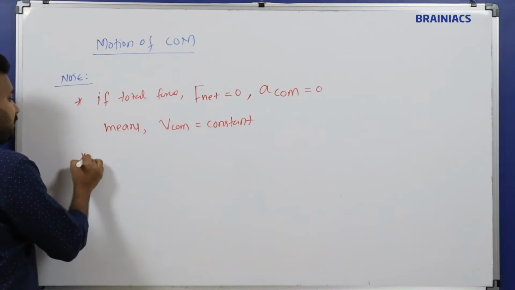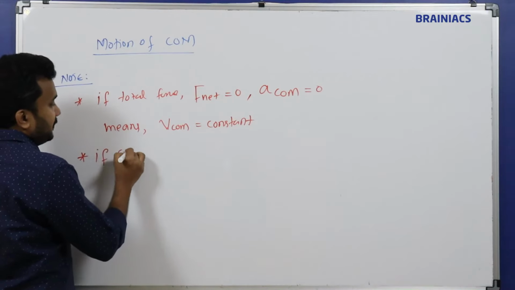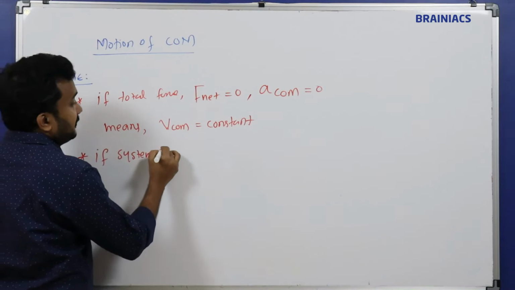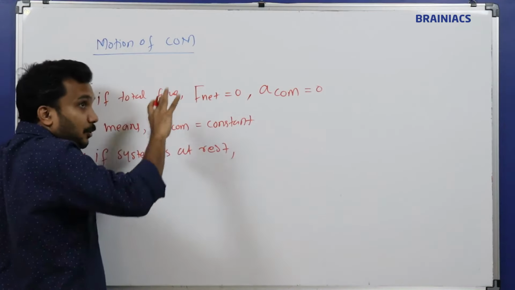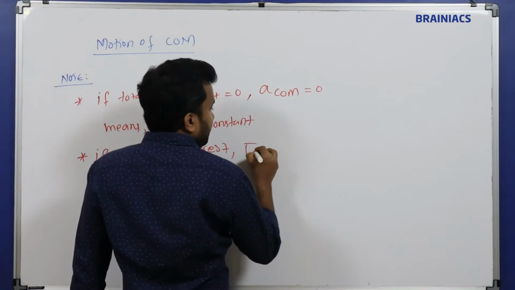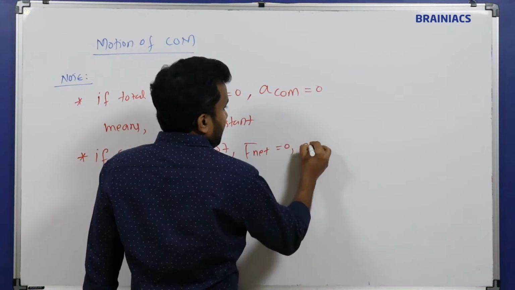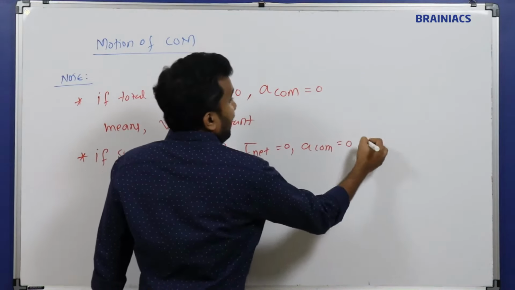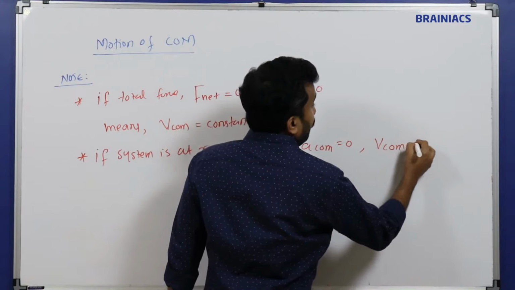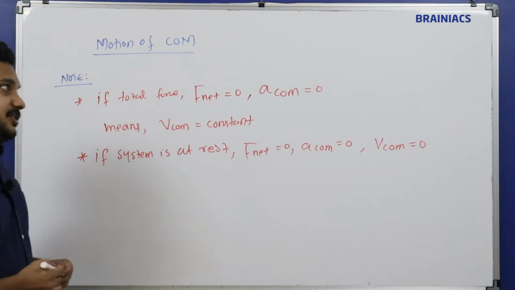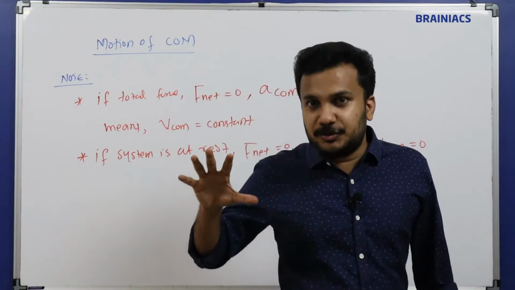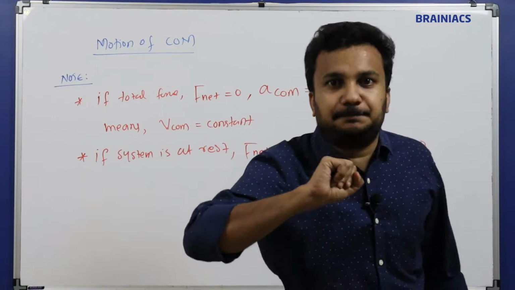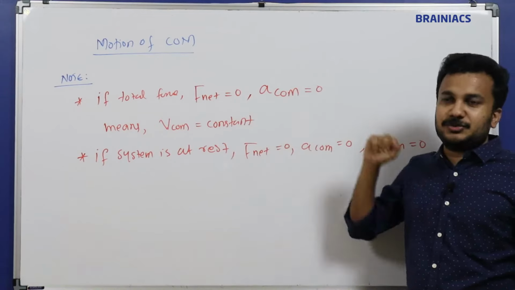In another way we can say, next point, if the system is at rest, the whole system is not moving, then I can say F net equal to 0, A COM equal to 0 and V COM equal to 0. In the first case we are not applying any forces, but the system is moving with constant speed and acceleration is equal to 0.